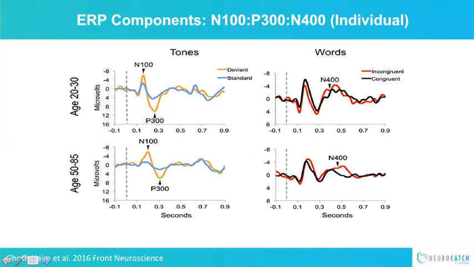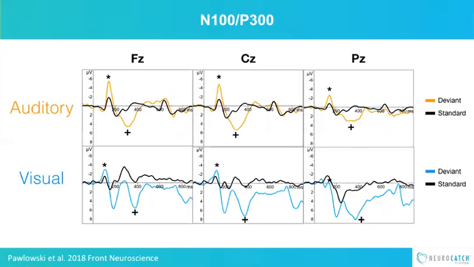All right, so now you've seen the main waveforms and you've gotten familiar with them. Let's take a look at how some of these things change. So let's take a look at the N1 and P300 in terms of what you're used to. This is the top line, if we present this with earphones in the auditory modality. So again, flat baseline, there's your N100, there's your P300 for tones. See it? Now what I'm showing you here is something a bit different.